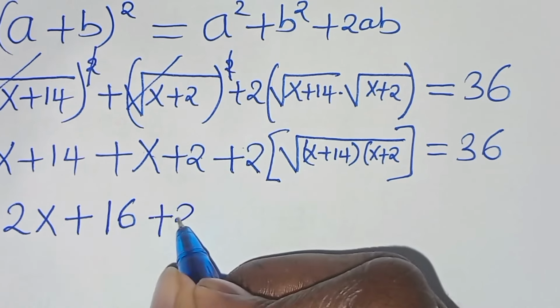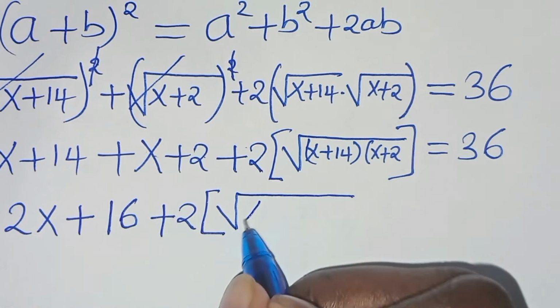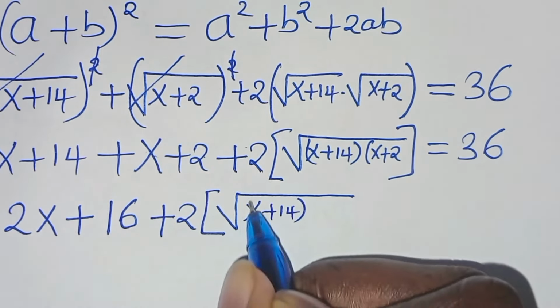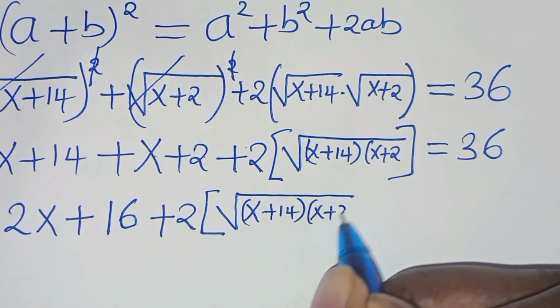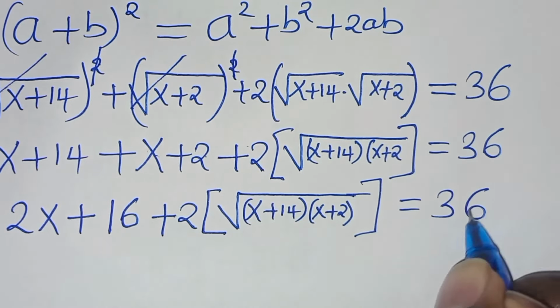Then plus 2 multiplied by square root of x plus 14 multiplied by x plus 2, close the parentheses. This is equal to 36.